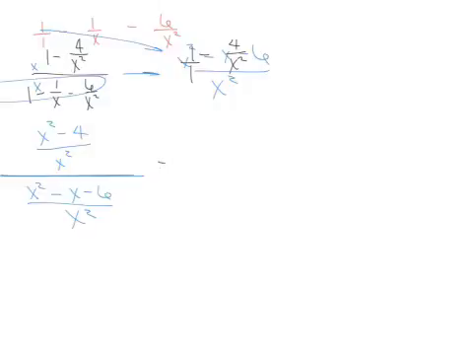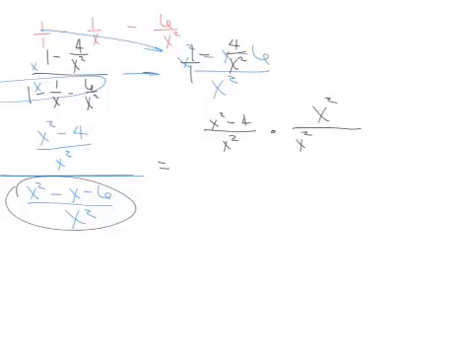Okay, so that's going to equal x squared minus 4 over x squared times, I'm going to flip this over, okay. Now, I can cancel both of those with both of those, and I'm left with x squared minus 4 over x squared minus x minus 6.